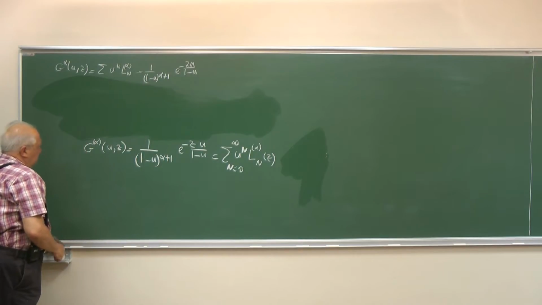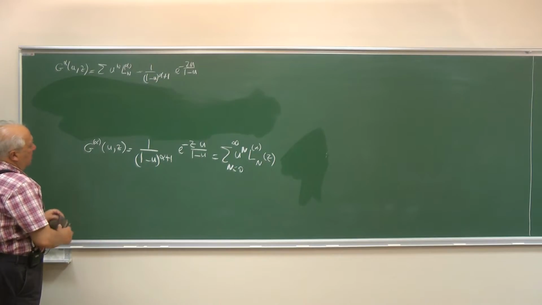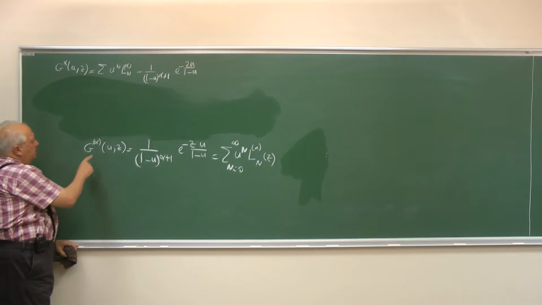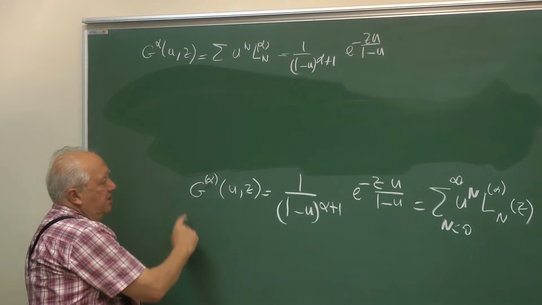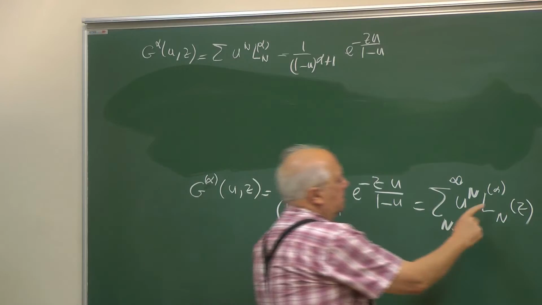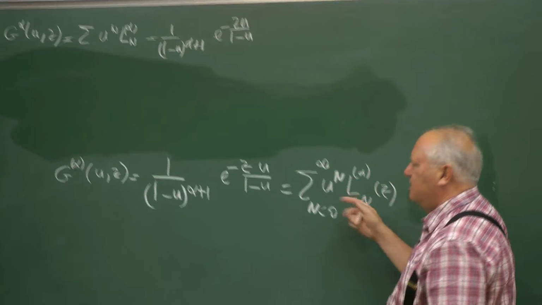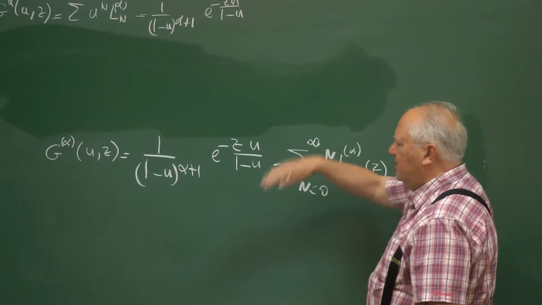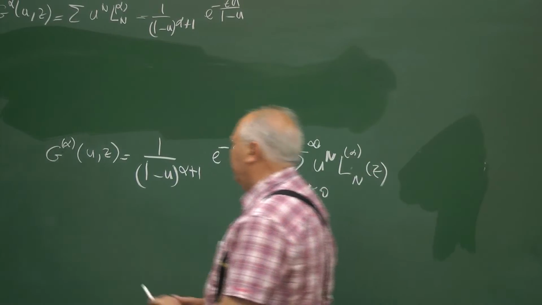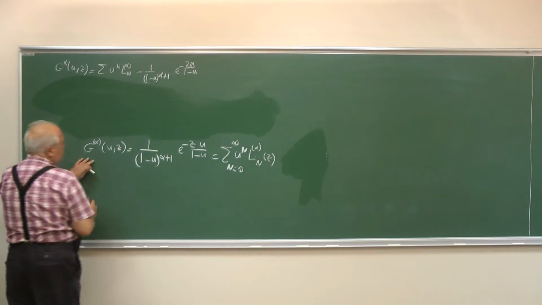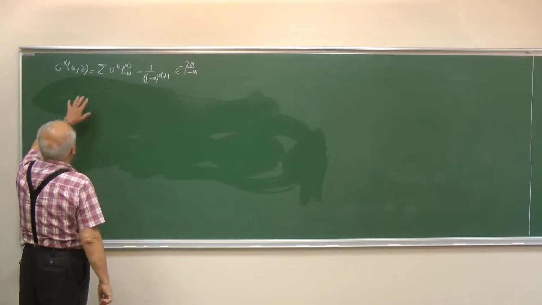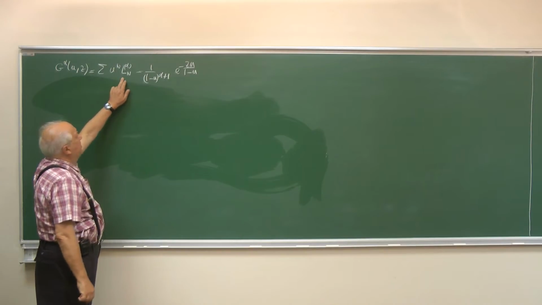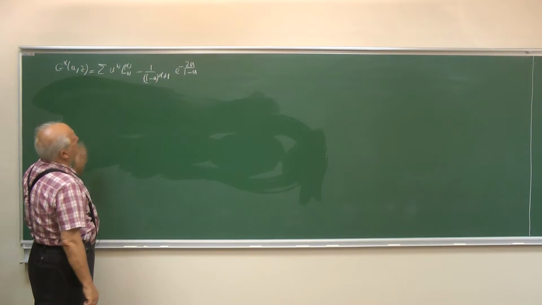All right. During the computation, I will drop these indices, the upper index alpha on the generating function and the associated Laguerre polynomial, just for the economy of writing, but at the end, I will put them back in. So I will simply write G and L, and then I will write them back. So how do we obtain relations between different polynomials using the generating function?